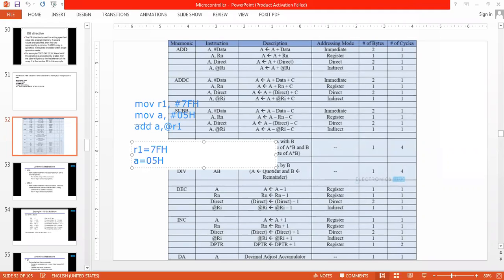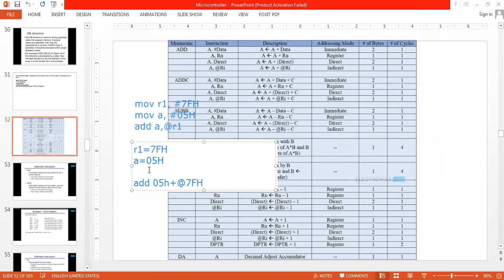Okay, then after addition, ADD A, @R1: A is 05H plus what is there at 7FH, right? So what is there in 7FH?